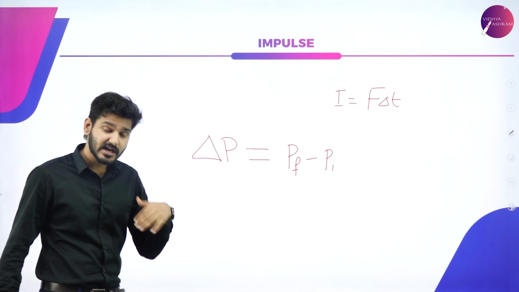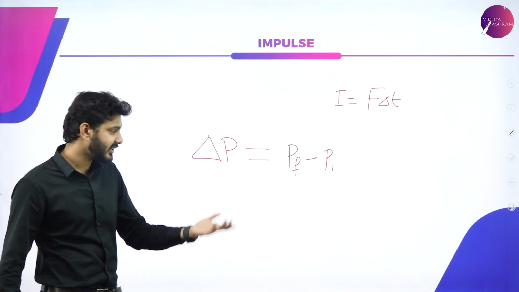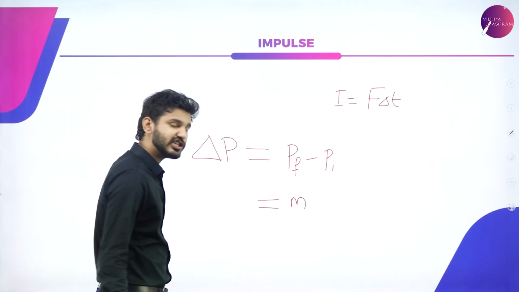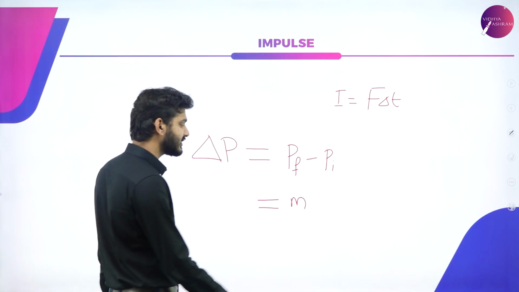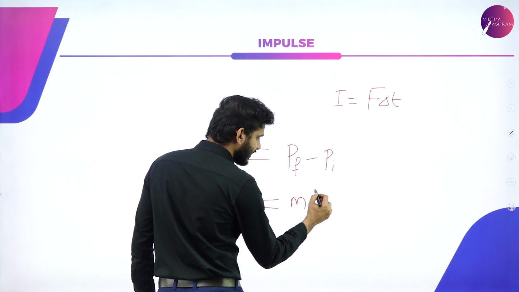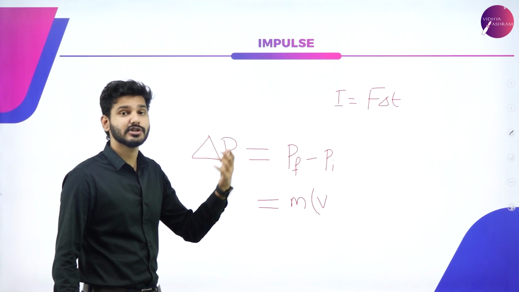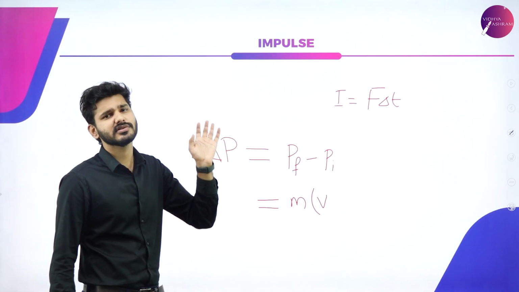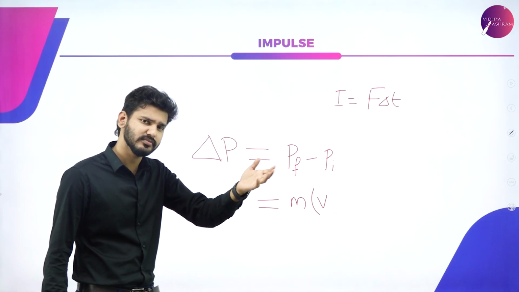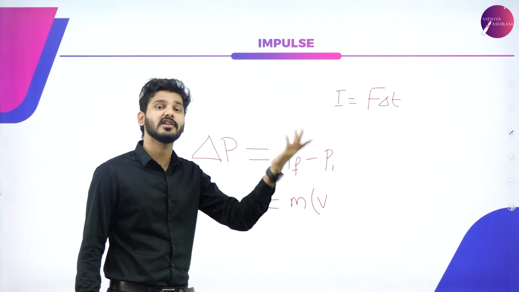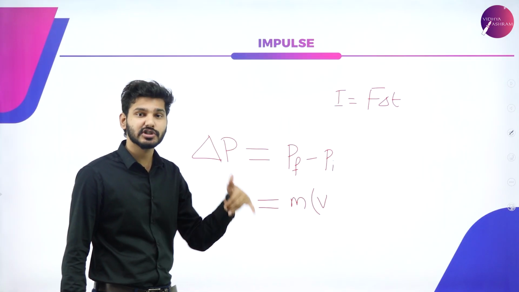Or simply we can say that if a mass is initially moving with a velocity u, initial velocity is usually represented by u, and then it changed to v.